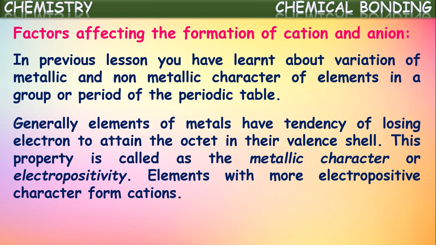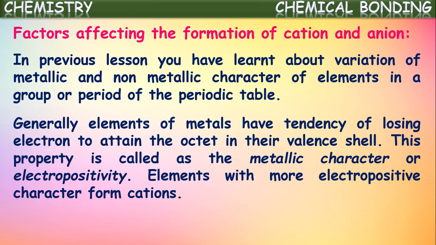This property is called metallic character, or electropositivity. The tendency of losing electrons is called electropositivity or metallic character. So elements with more metallic character or more electropositivity will form cations easily.